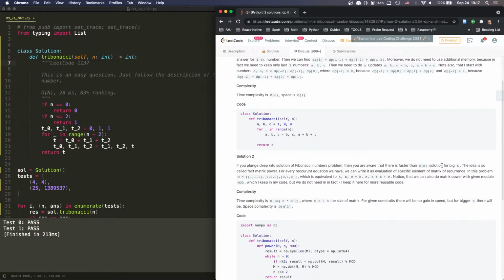Faster O(log N) solution for big N. Fast matrix power. You can write it as the equation of a matrix recurrence.